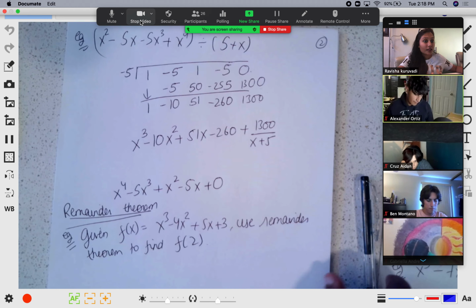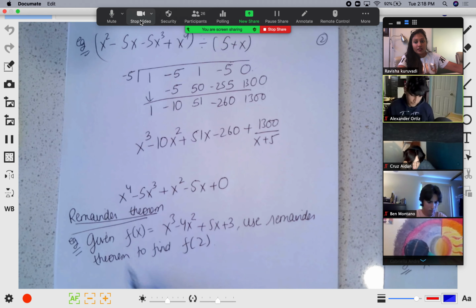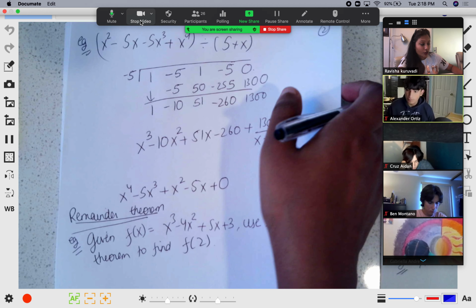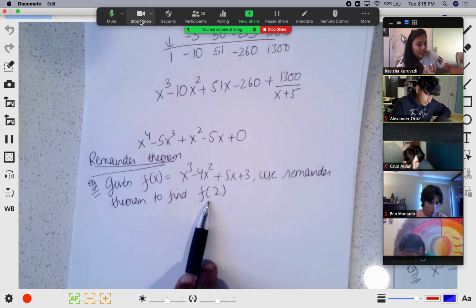Yeah, I'm sorry. So if you have to use remainder theorem to solve this, you will be given a function. They want you to use remainder theorem and find the value of f of 2. How do you do it? It's the same thing.